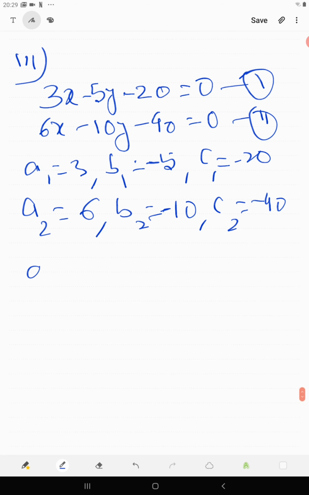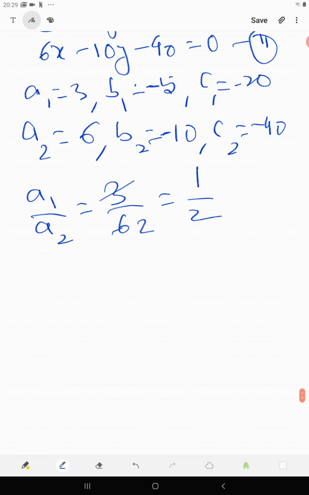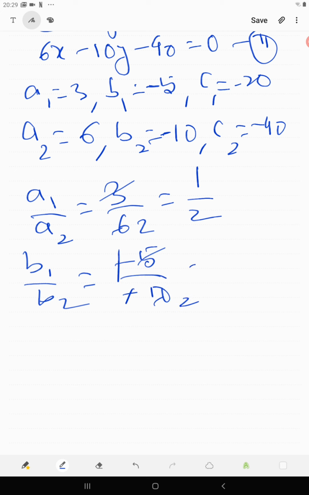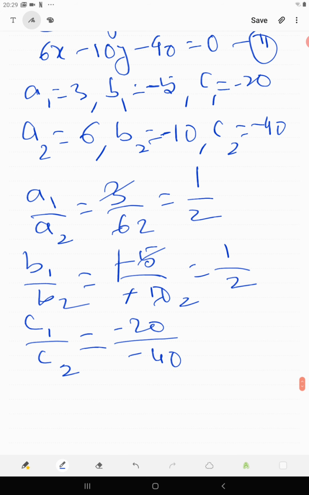Okay, so what is a1 by a2? a1 by a2 equals 3 by 6, so we got half. Now b1 by b2 equals minus 5 by minus 10. Minus minus cancel, so half. Now what is c1 by c2? c1 by c2 equals minus 20 by minus 40. Minus minus cancel, so 1 by 2.